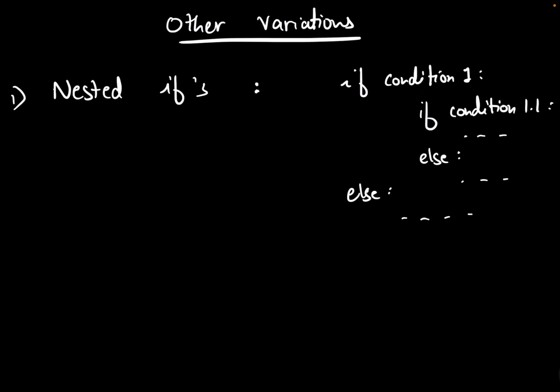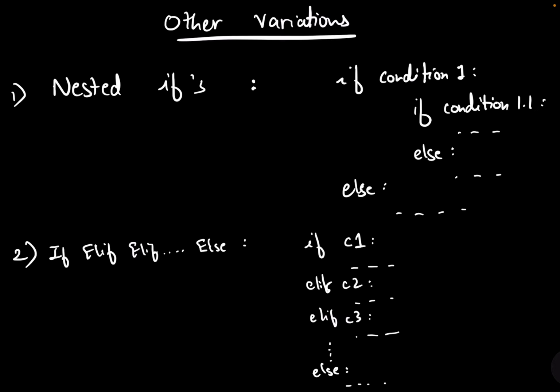So something like if condition 1.1, then there would be another indented block of code, else do something else. Like this, we can keep expanding these nested ifs as far deep as we want to.